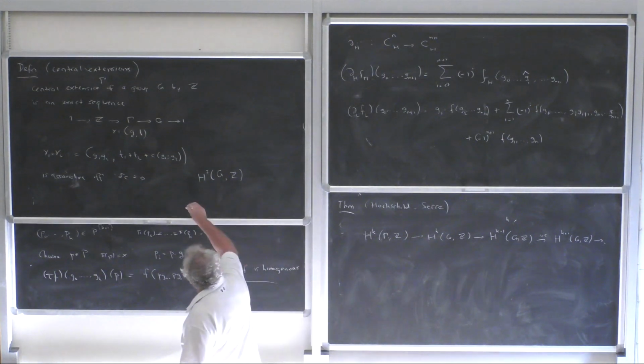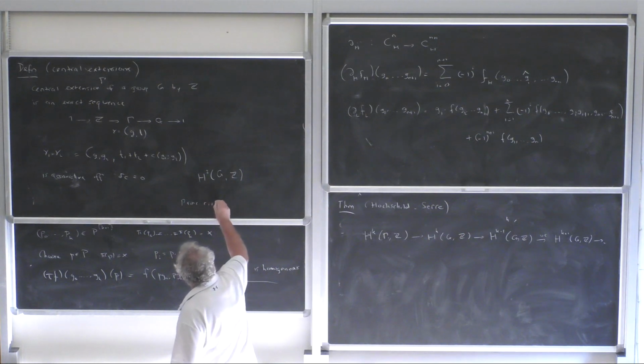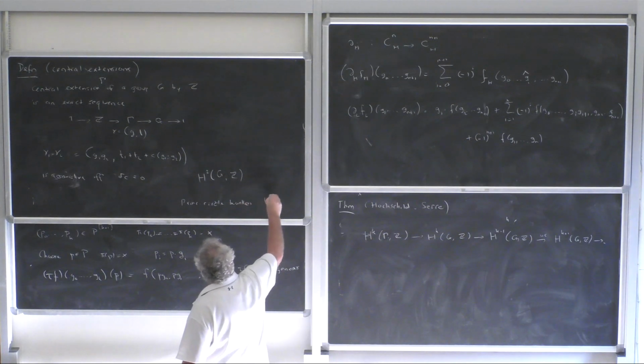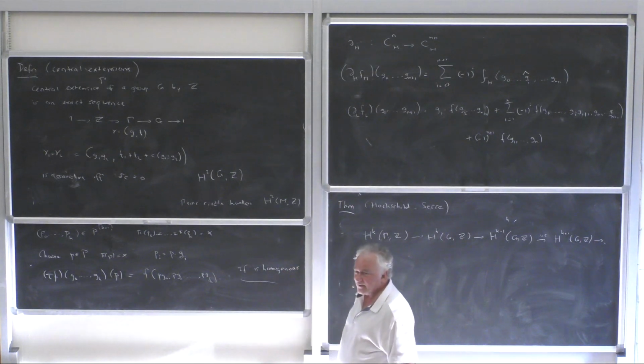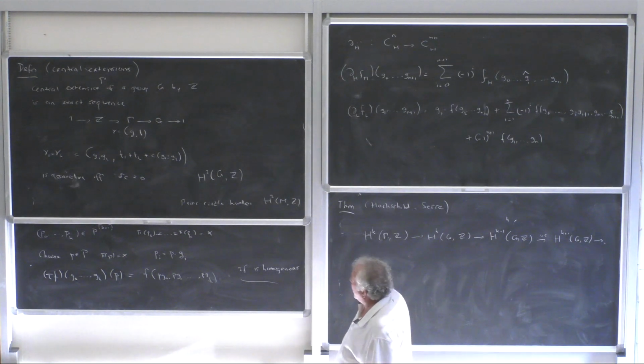Line bundles, or principal circle bundles, are classified by the H2 of M with coefficients in Z. But isn't it true that if G is a Lie group, H2 of G of Z is 0 for any Lie group?